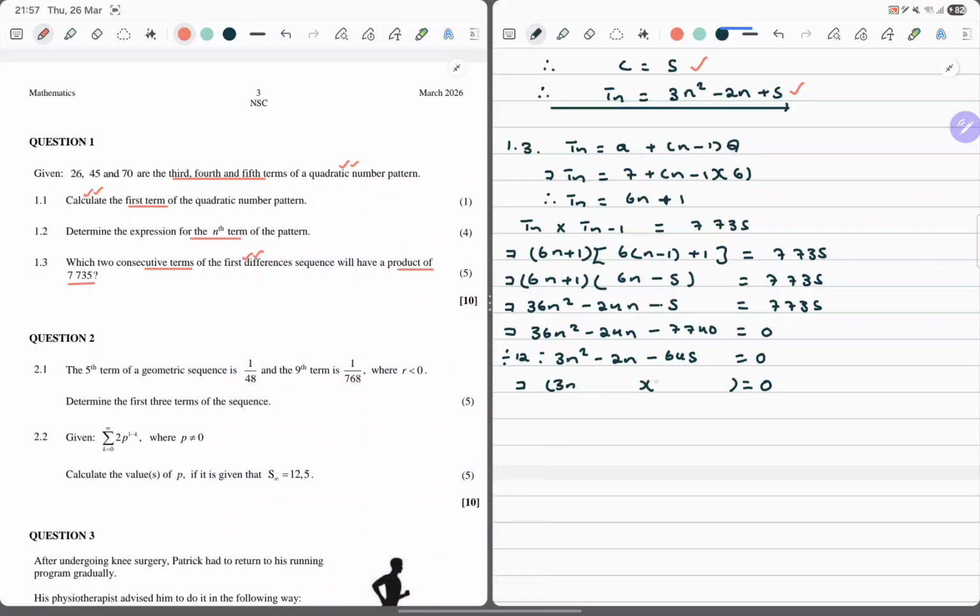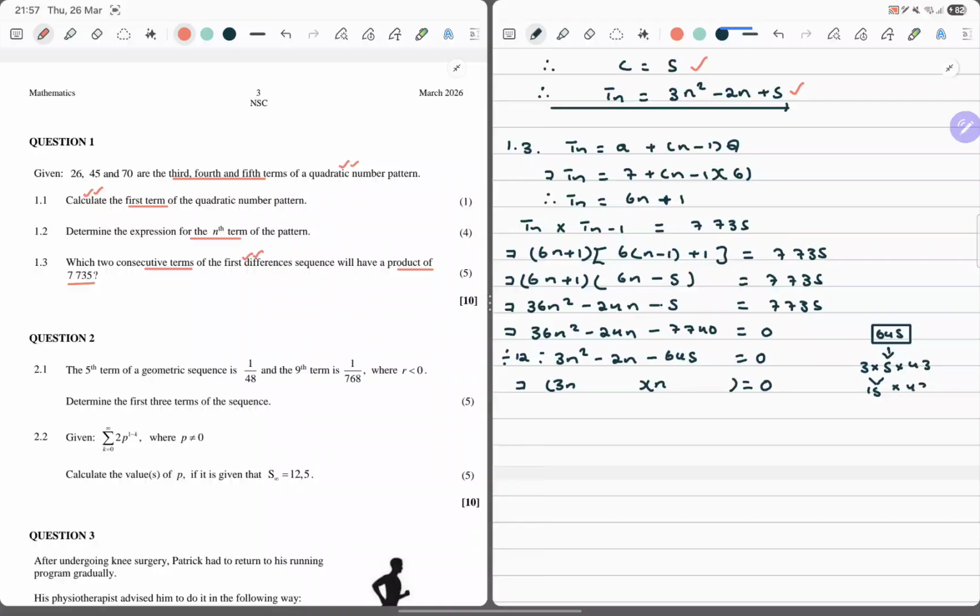Now we factorize. So this is going to be 3n, this is going to be n. Now I take this 645, shift and fact it, and see what that is. I'm getting 3 times 5 times 43. So how should this one work? 3 times 5 is 15, so these two must come together.